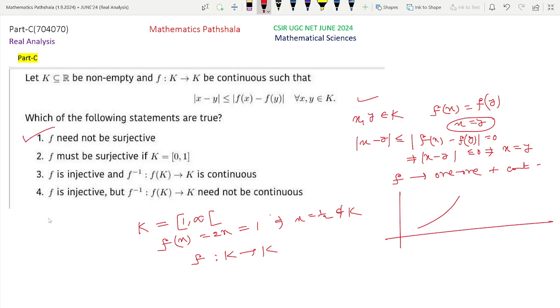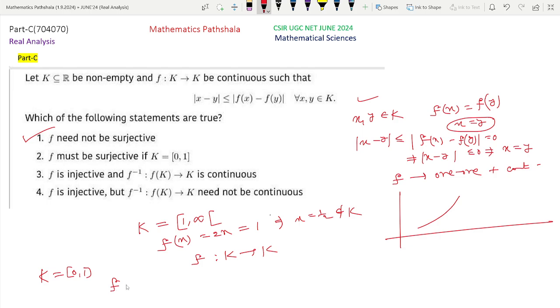So f need not be surjective is the correct option. Option 1 is correct. Now look at option 2. f must be surjective if K equal to closed interval [0, 1]. Okay, so for option 2, our K equal to closed interval [0, 1] and f is continuous.